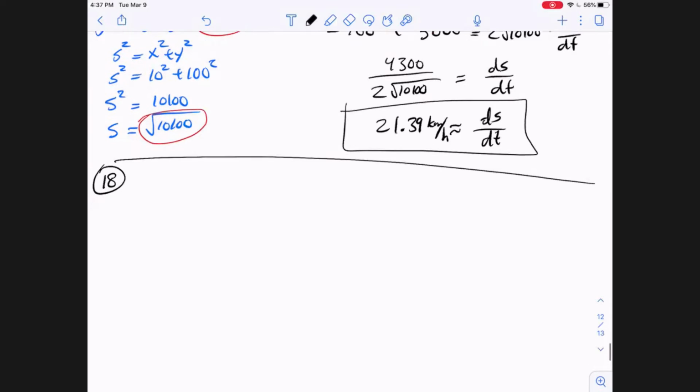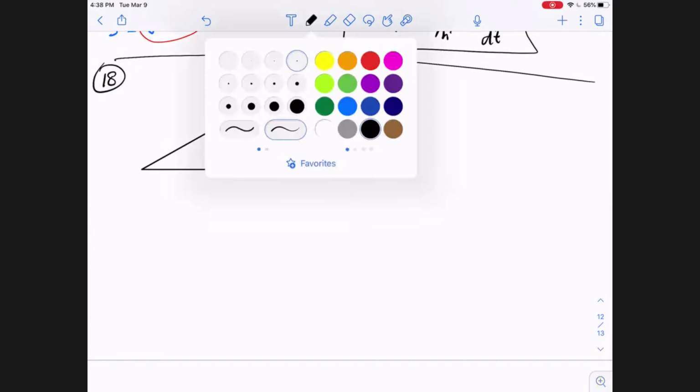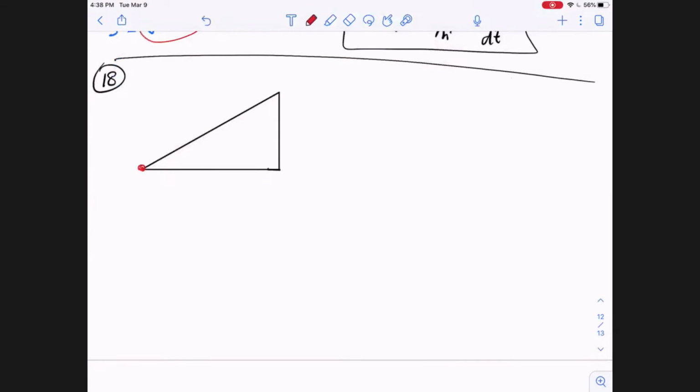All right, so let me draw the picture here first. That's a light, by the way, the red dot.